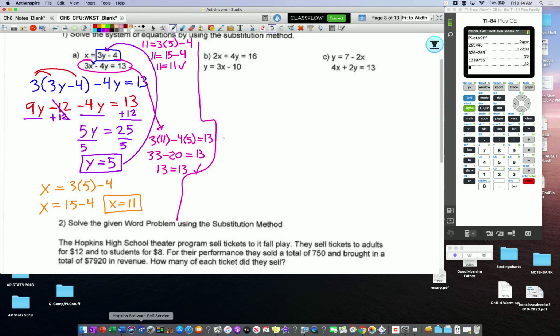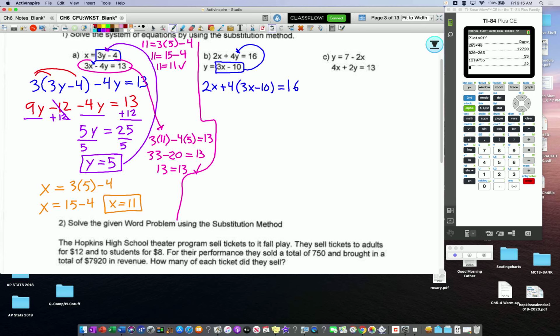Same process. Take what y equals, and put it in the place of y. So this time I have 2x plus 4 in parentheses times 3x minus 10 equals 16.